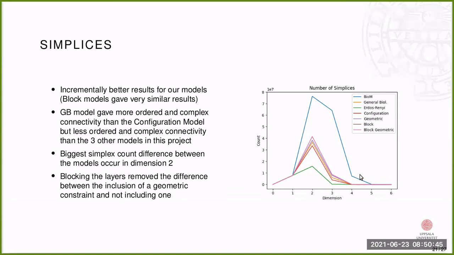Obviously there are a lot fewer high dimensional simplices than in the BioM microconnectome. But remember that in that paper, when they were writing and it was published, one of the biggest things was just the existence of high dimensional simplices.